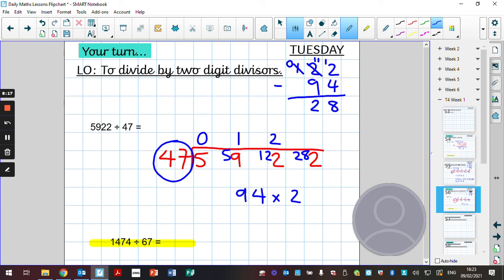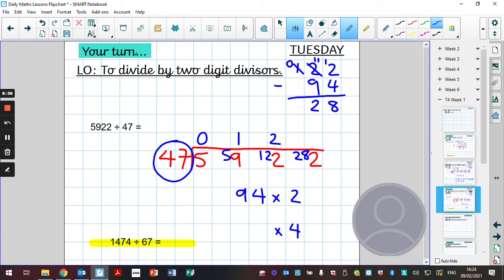Now we need to work out, well, how many 47s go into 282? We already know that 2 lots of 47 are 94. So if I doubled that, I would get 4 lots.